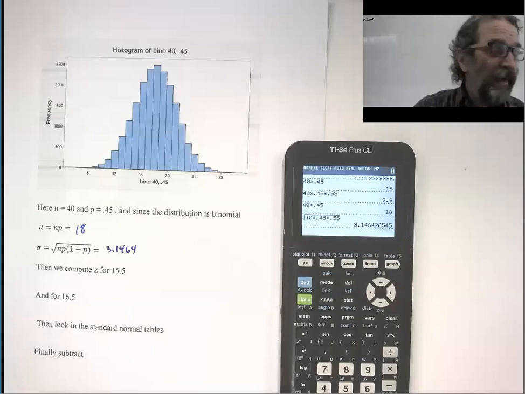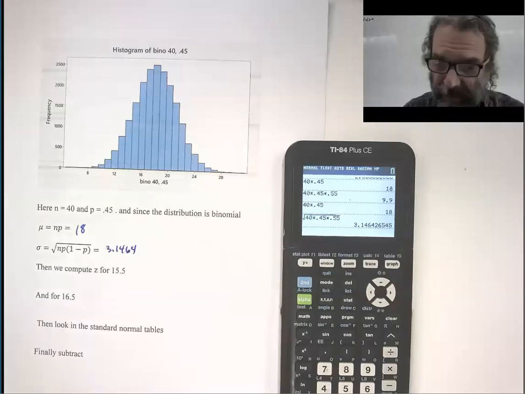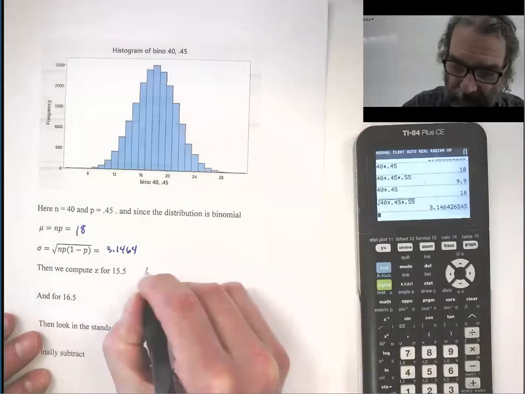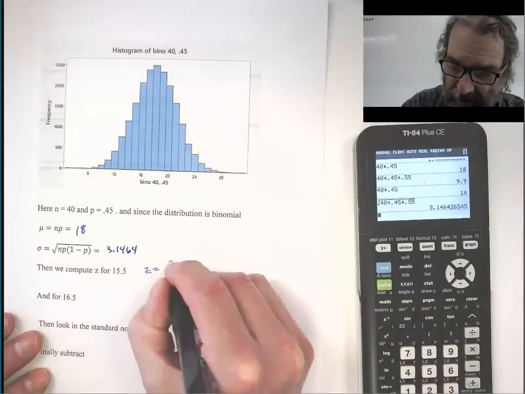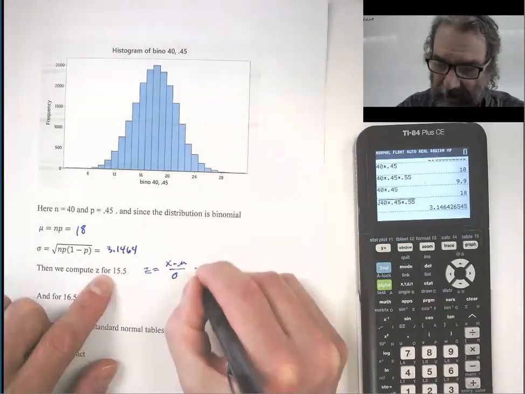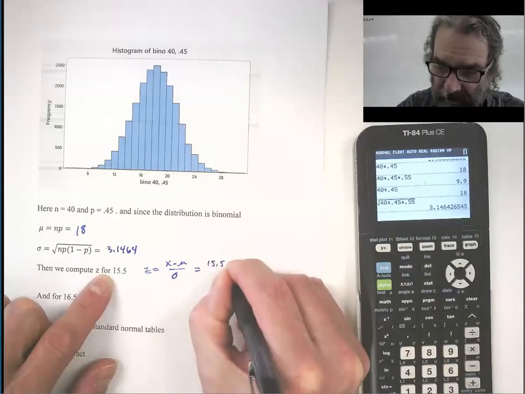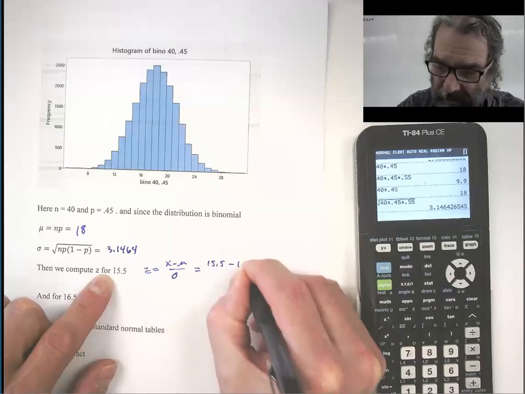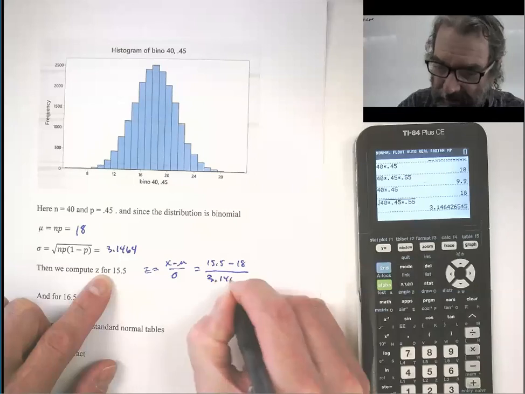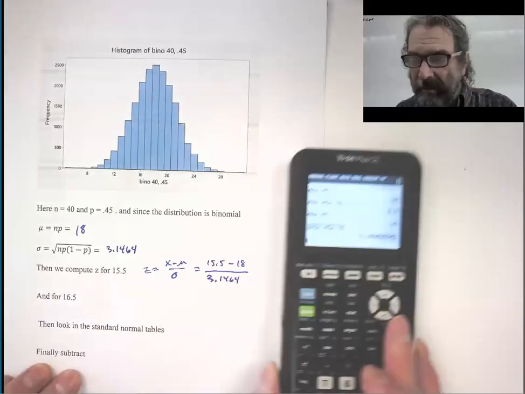And then we compute z for 15.5. So z is x minus mu over sigma. x is 15.5, mu is 18, and sigma is 3.1464, so we'll go ahead and type that in.